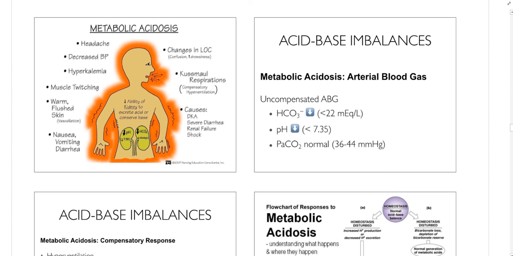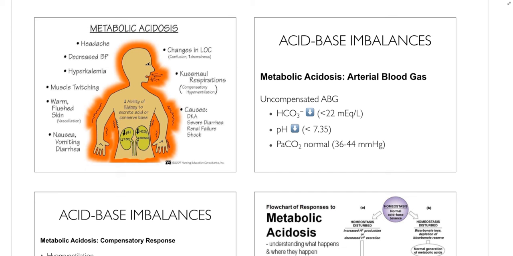Okay, so originally, when it is uncompensated, we're going to see a pH that is low, below 7.35. CO2 is going to be normal because this isn't a respiratory problem. This is a metabolic problem. Now, keep in mind that respiratory compensation occurs very, very quickly because the lungs can just easily switch on and off.